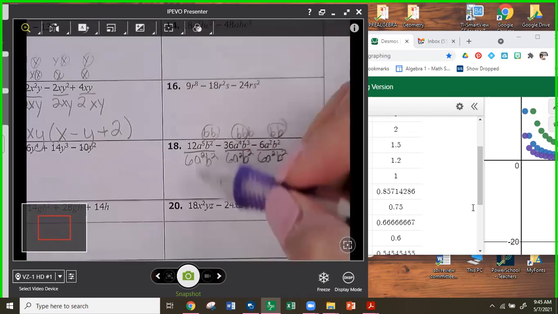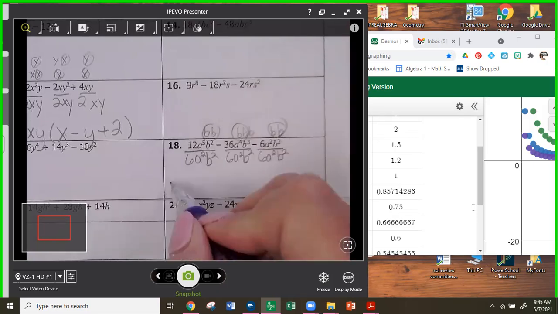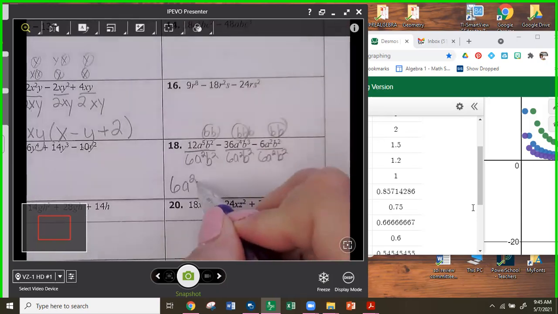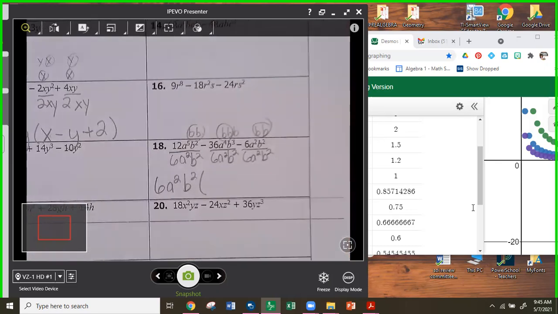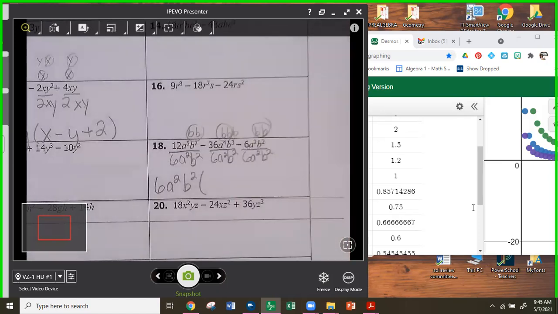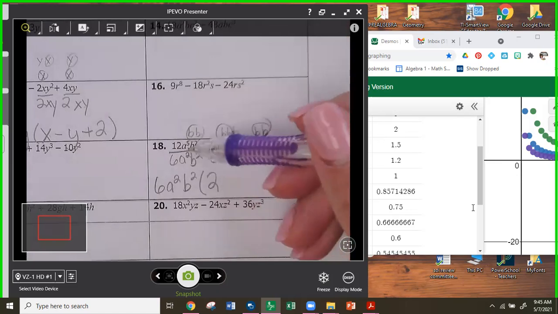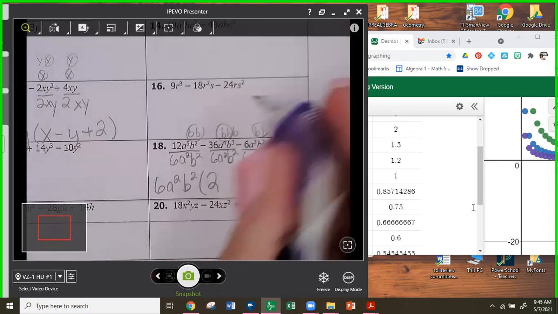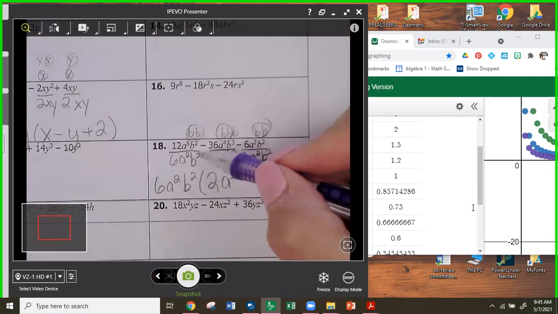All right, and now we're going to divide. Don't forget, and sometimes I forget to do this, write my greatest common factor, because that's still part of the answer. So what's 12 divided by 6? Subtract our exponents, 5 minus 2. What's 5 minus 2? And what happens to the B's, Tori?